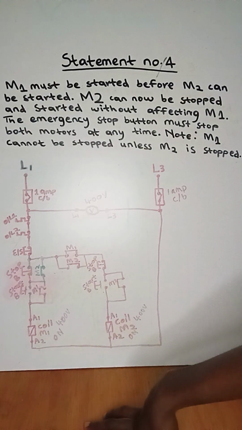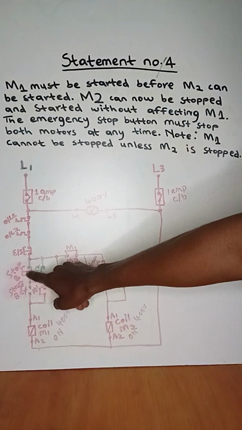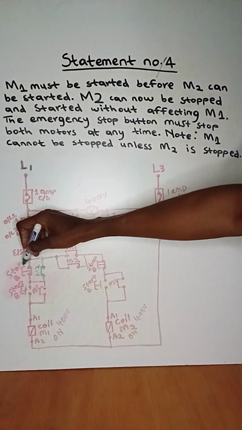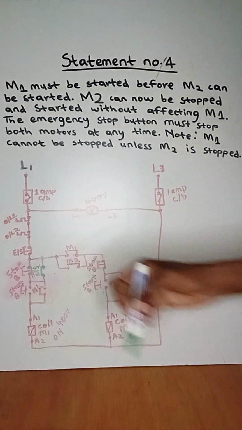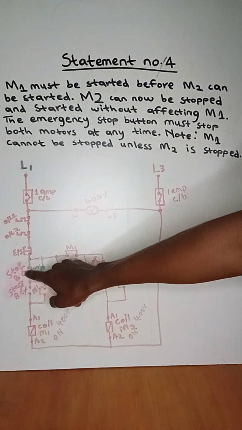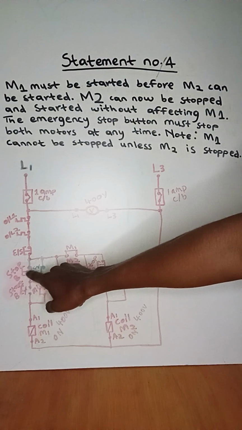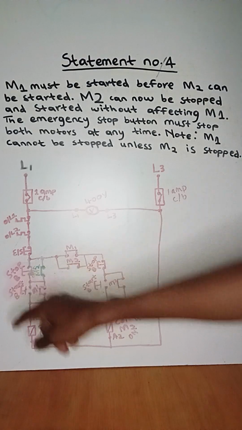Both motors are on. So I'm pressing the stop button of motor 1. It creates an open contact. And when it creates an open contact, live current from live 1 won't flow through the stop button. So it will be stuck here when we press the stop button of motor 1.